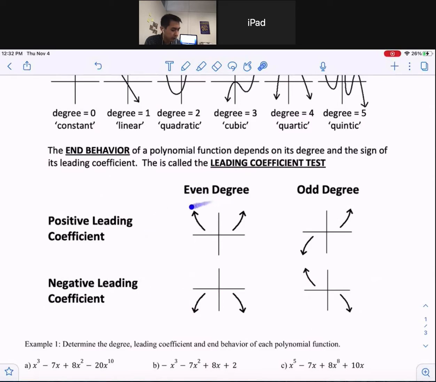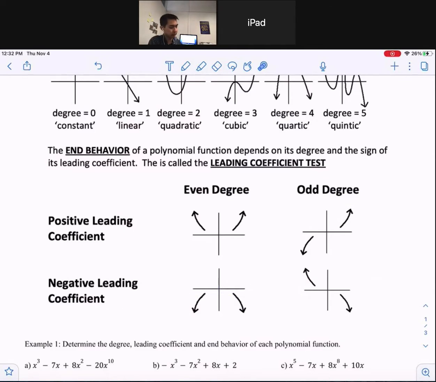If you have an even degree and a positive leading coefficient, your end behavior is going to be left side up, right side up. If your degree is odd and it has a positive leading coefficient, it's down and then up for end behaviors. If your degree is even and your leading coefficient is negative, it's down, down, and odd degree, negative leading coefficient, up, down.